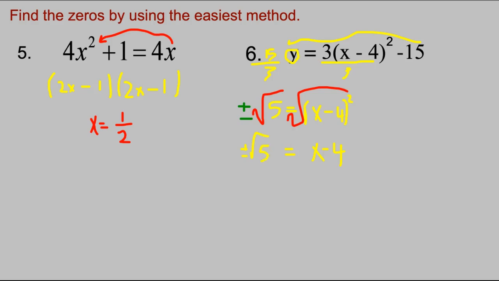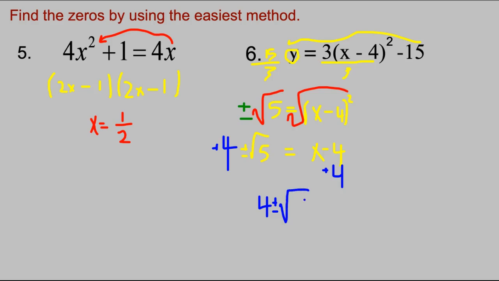Okay, so we just have to move the 4 over by adding 4 to both sides. Really hard to write with it. So when I add 4 to both sides, I write it right out in front of the plus or minus square root of 5 stuff. So my final answer should be 4 plus or minus the square root of 5.